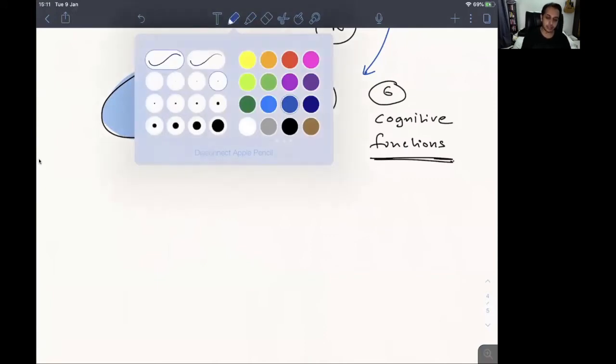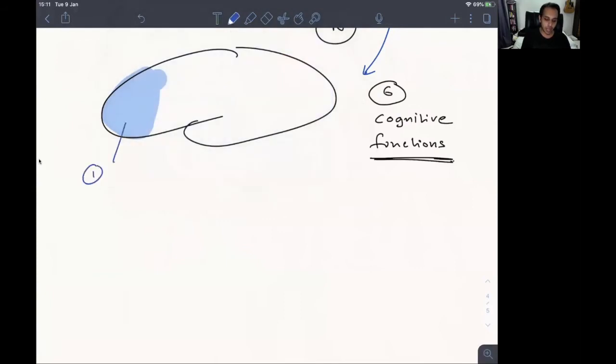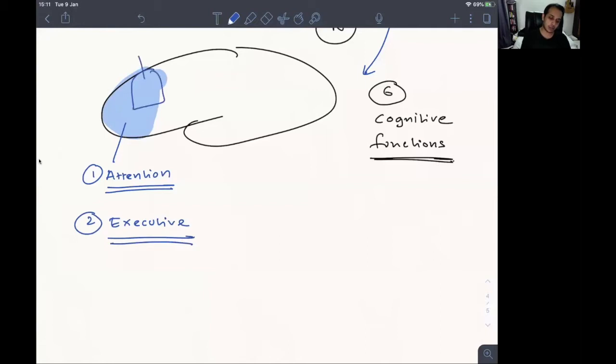From the front, you have attention, which is in your frontal lobe, your prefrontal cortex. You have executive function, which is in your dorsolateral prefrontal cortex. Now, what is attention and what is executive function?